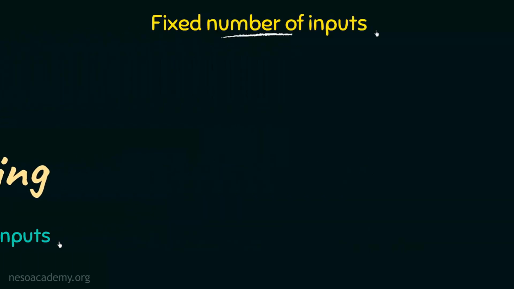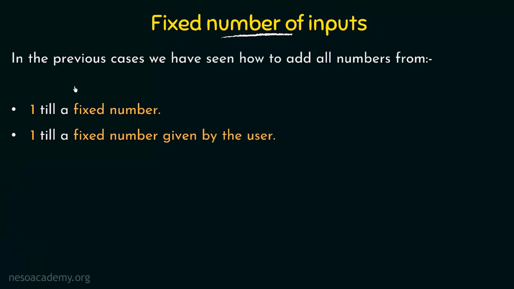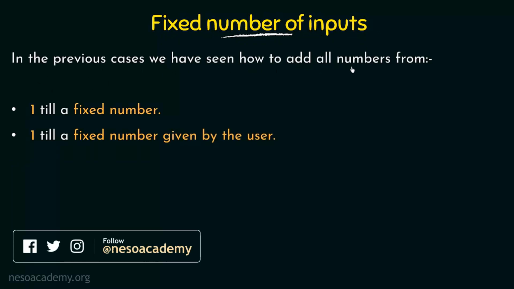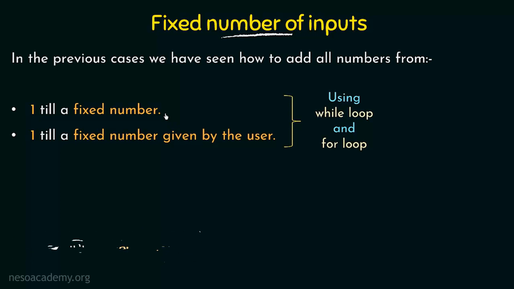So let's get started. As I said, so far we have been dealing with a fixed number of inputs. In the previous cases, we saw how to add all numbers from 1 till a fixed number given by the user. This is what we studied when we discussed the while loop and the for loop. In one case we gave a fixed number, for example 5, and we added from 1 till 5: 1 plus 2 plus 3 plus 4 plus 5.